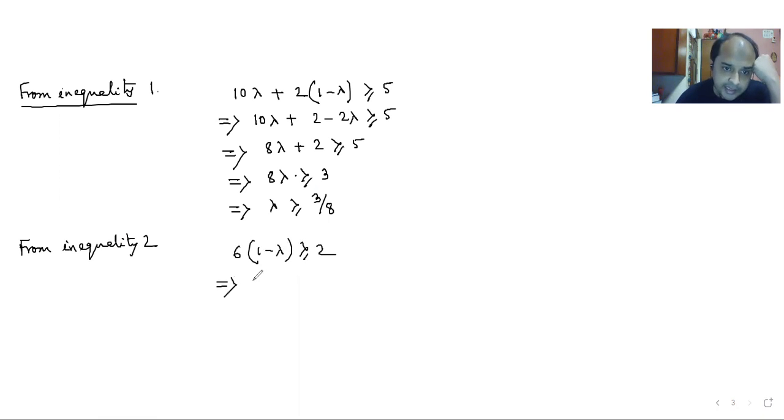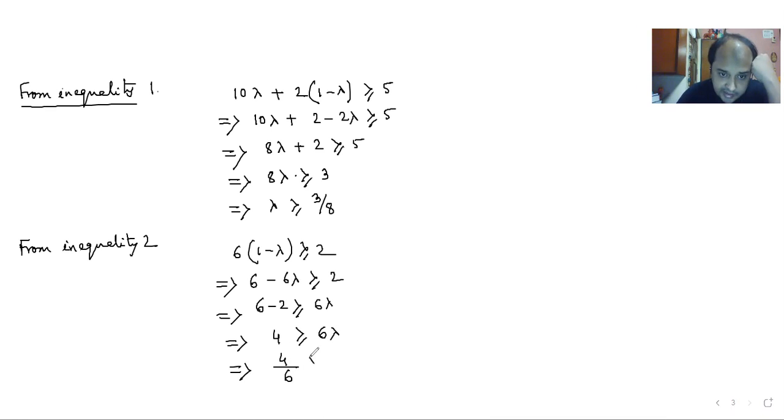So we are getting 6 minus 6 lambda greater than or equal to 2, and that is 6 minus 2 greater than or equal to 6 lambda, that is 4 greater than or equal to 6 lambda, and 4 by 6 greater than or equal to lambda, or 2 by 3 greater than or equal to lambda. That is number 2.